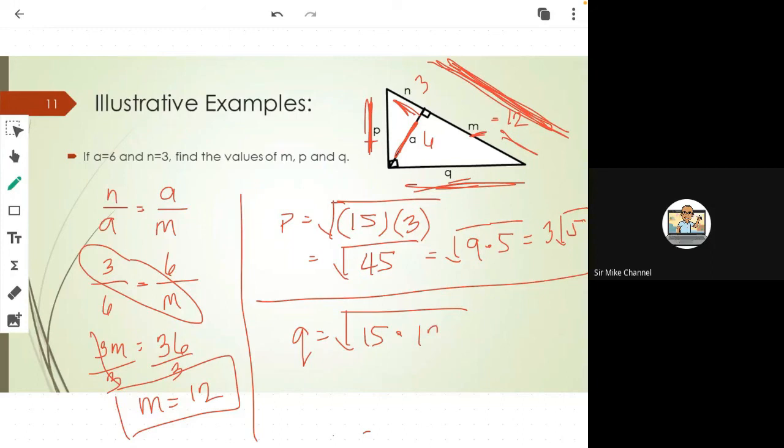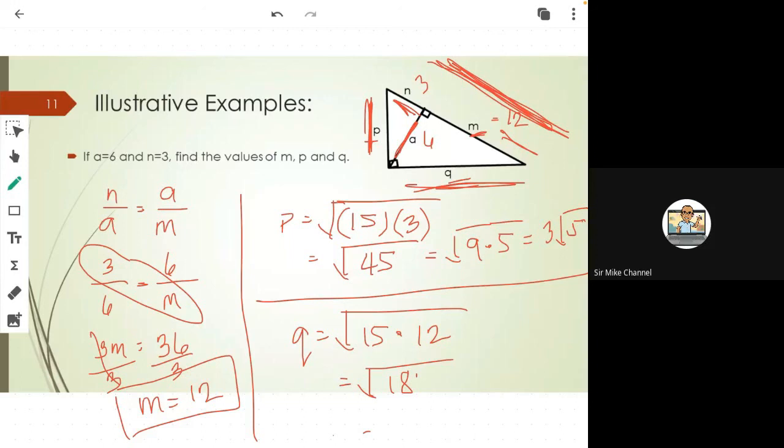Okay, multiply. 12 times 15. De la Cruz, 180 po. Okay, thank you.